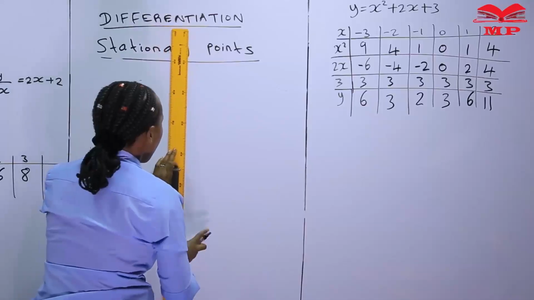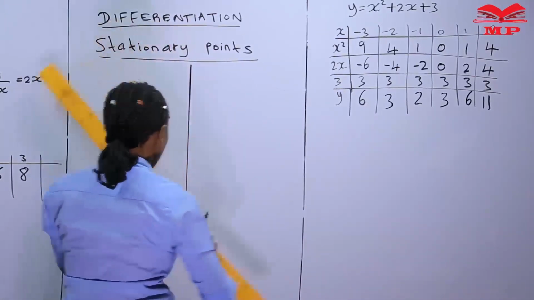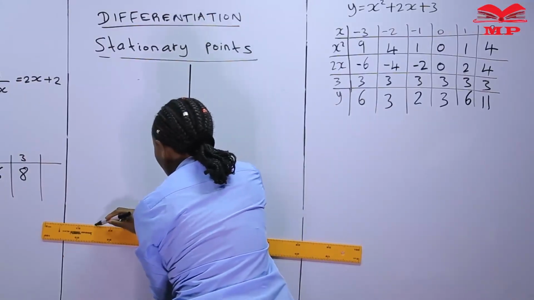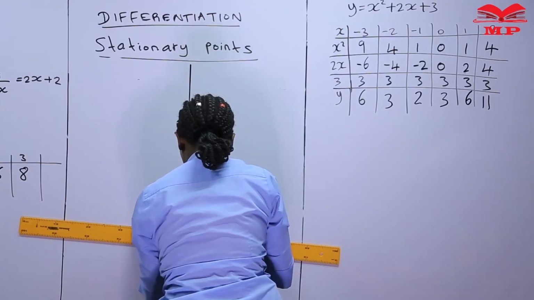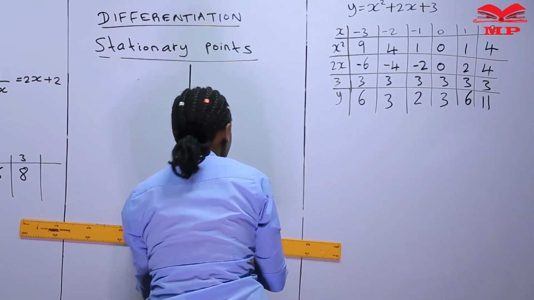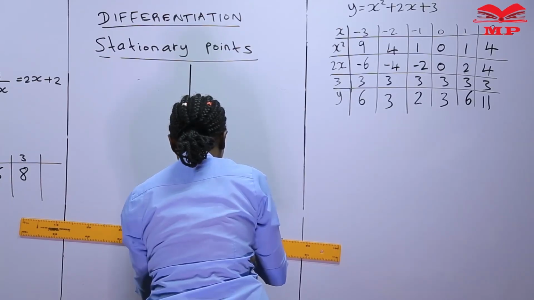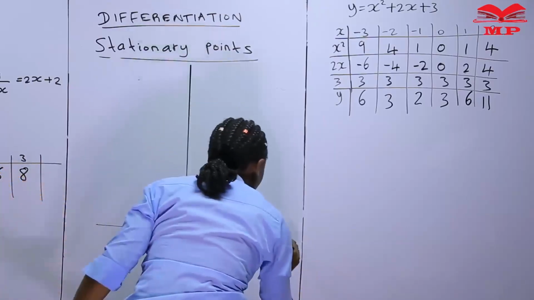For x, we have both the positive and the negative. So here we'll have our curve. This is our curve. So we have here negative 3 to 2. So we can have 1, 2, 3, 1, 2, 3. So this is what we have.